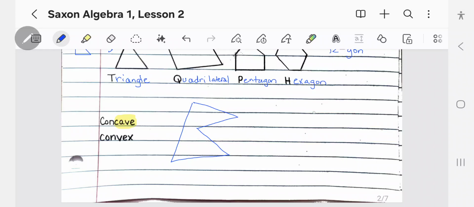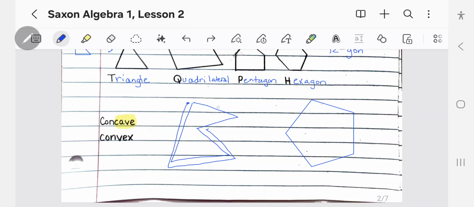Okay, and then I'm going to draw something over here. Okay. Now, when I look at these figures, do you see that this one, if I were walking around, let's say I start here and I walk down this side and I walk down this side and then I go inside the figure sort of. I mean, I'm not in here, but it kind of goes in a little bit there.